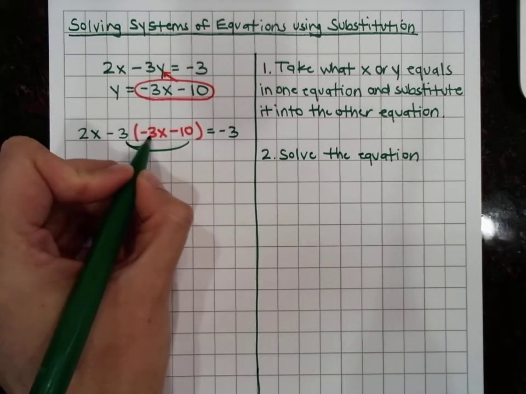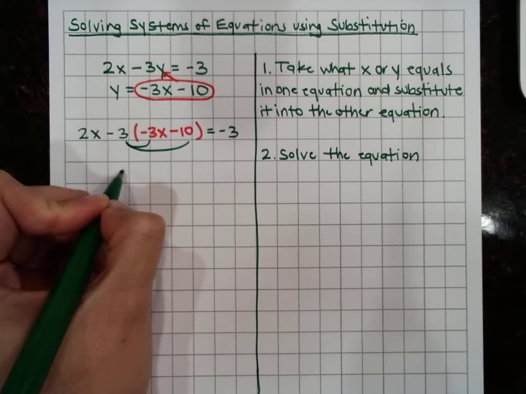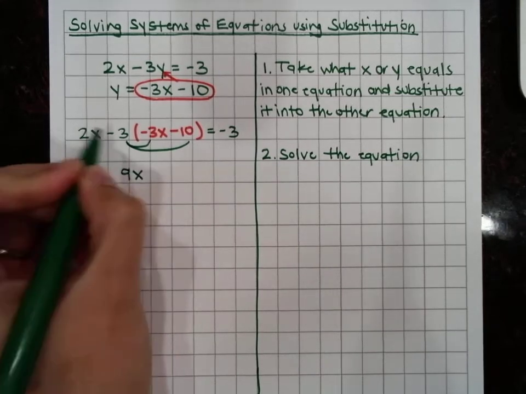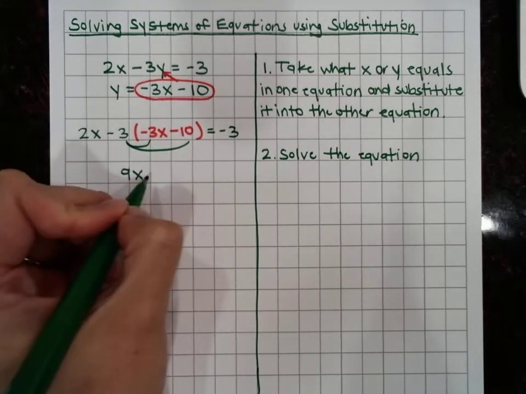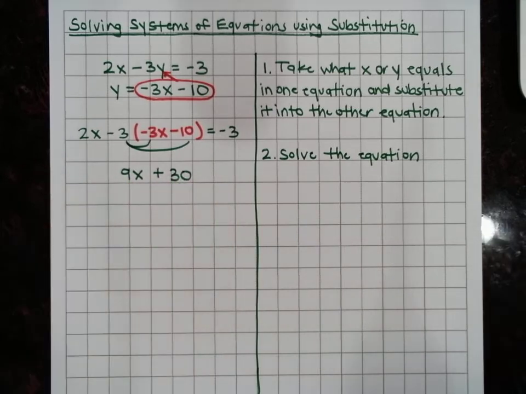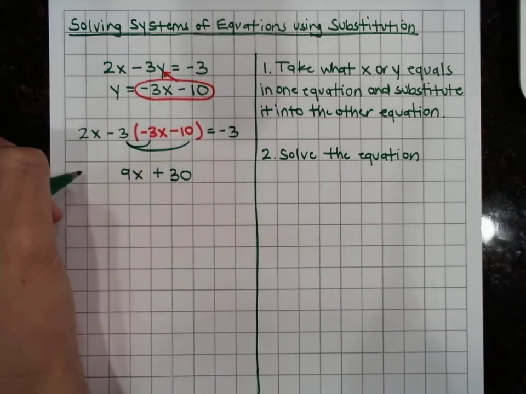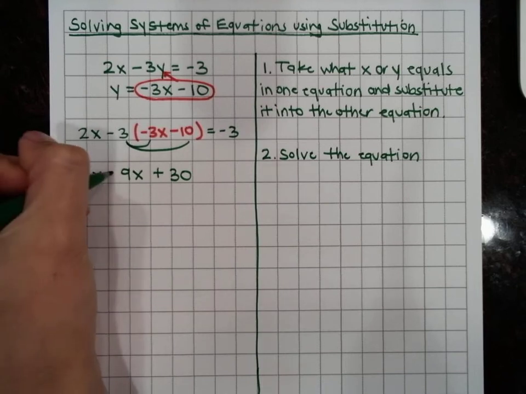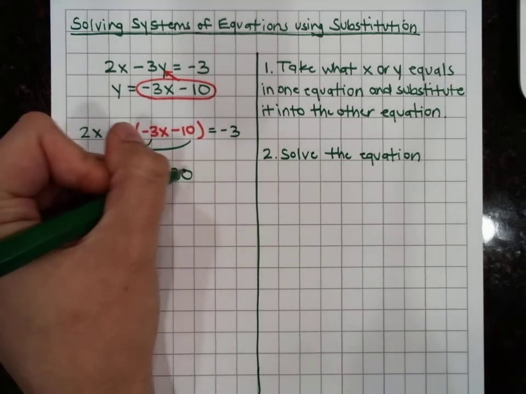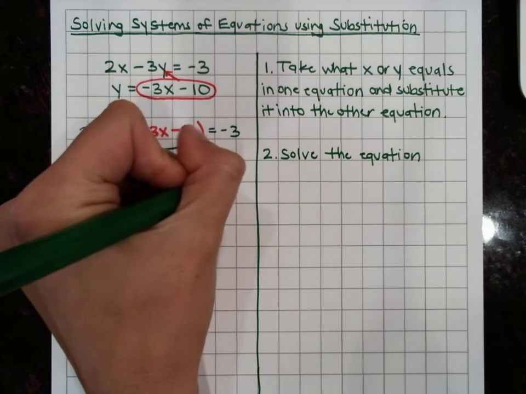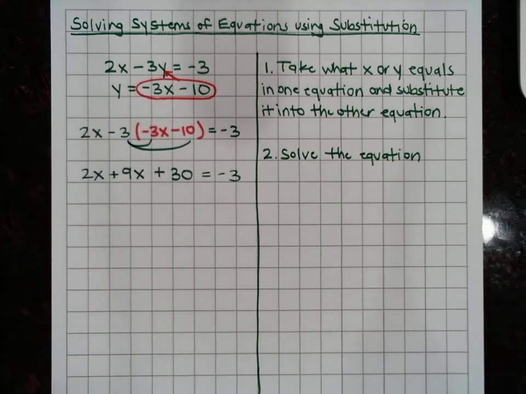So negative 3 times negative 3x, that's a positive 9x. And negative 3 times negative 10, that is a positive 30. And then we're going to bring everything else down. So we have 2x plus 9x plus 30 equals negative 3.